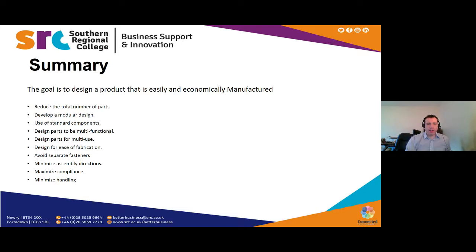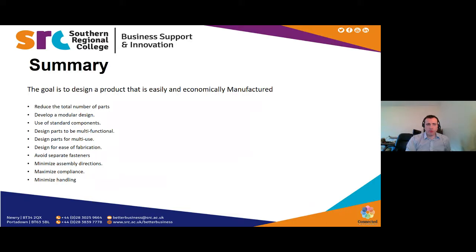So the summary here. Just to mention, the goal is to design a product that is easy and economically manufactured. I don't really want to go through every one of these points, but I think it's important just to go through a few of them.